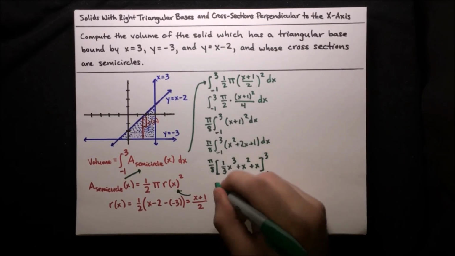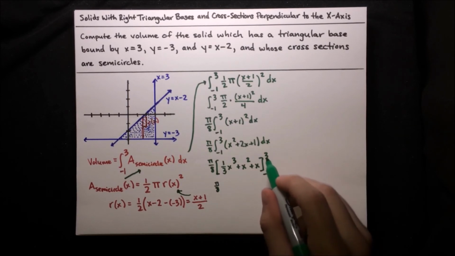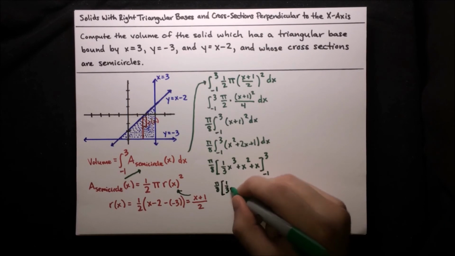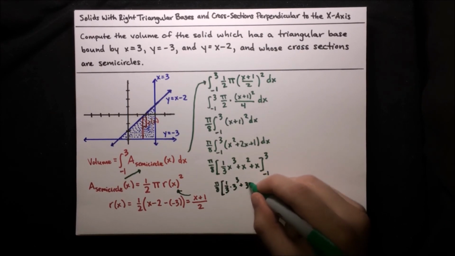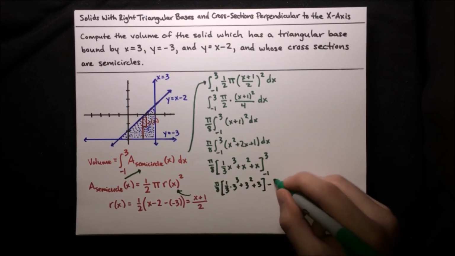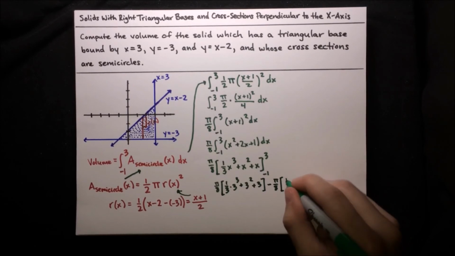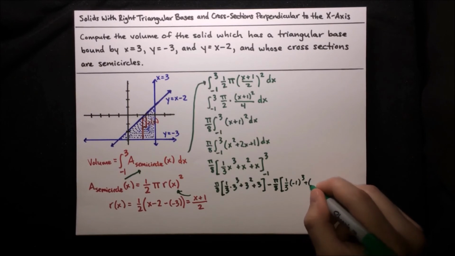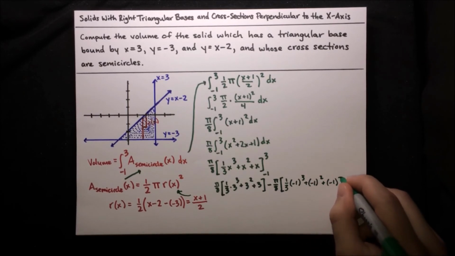So we'll have pi over 8, and then evaluating at the first bound at 3, the upper bound, we've got 1/3 times 3 cubed, then plus 3 squared, then plus 3, and then minus at the lower bound, so that's pi over 8, stick in -1 for x, so 1/3 times -1 cubed plus -1 squared plus -1.